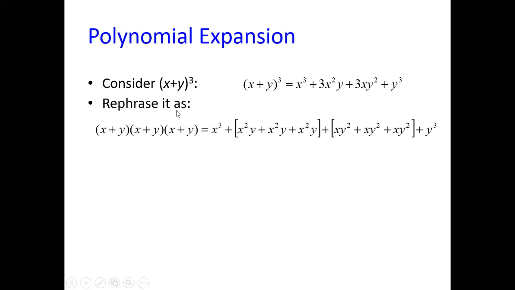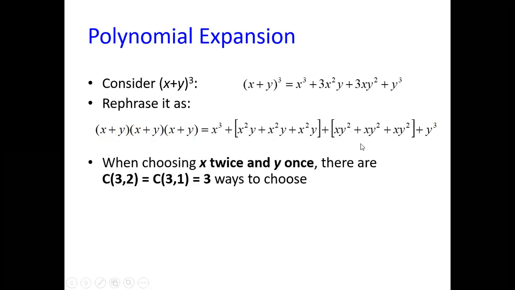First, we will rephrase it as (x plus y) times (x plus y) times (x plus y), which equals x times x times x, x cubed, plus x times x times y, which gives us x squared y, plus x times y times x, which gives us x squared y, and so on. x times y times y gives us xy squared, y times x and so on, to get this expression. Okay?